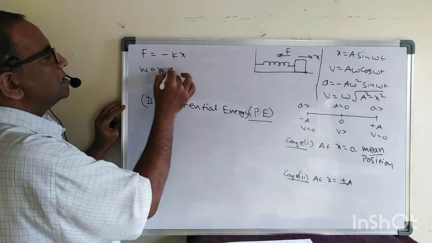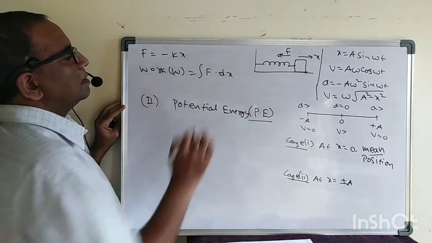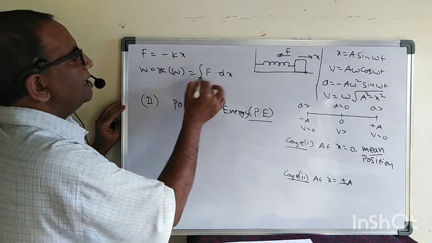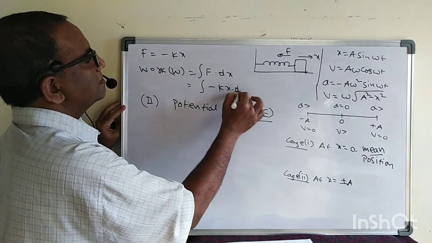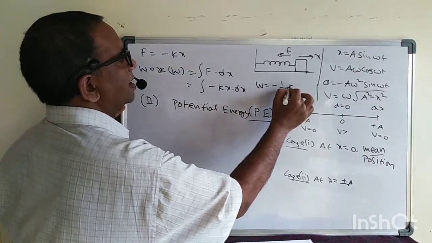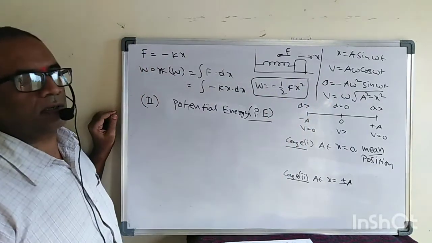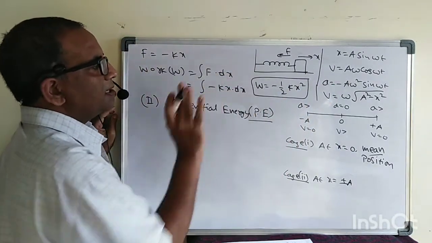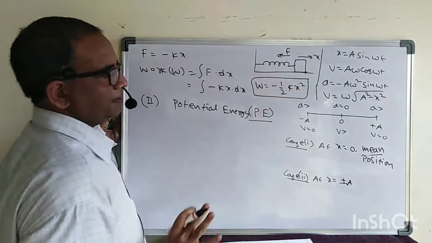Work done W is equal to integral F into dx. But what is F here? It's nothing but integral minus kx into dx. So what is the work done here? Minus half kx square. So in the spring mass system, the work done is minus half kx square.